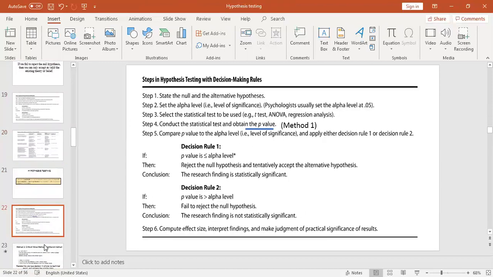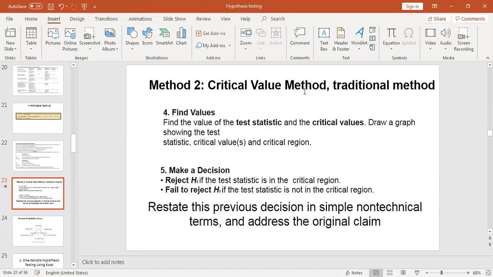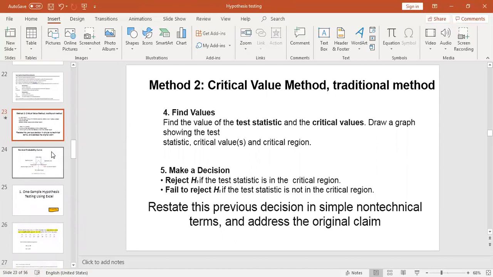So this is method 1, and method 2 is based on the critical value method. We are going to look at the bell curve and the critical values, and based on the t statistic we have to derive the particular result. Both ways I'm going to explain in the one sample t-test. When I'm explaining it, you will understand.